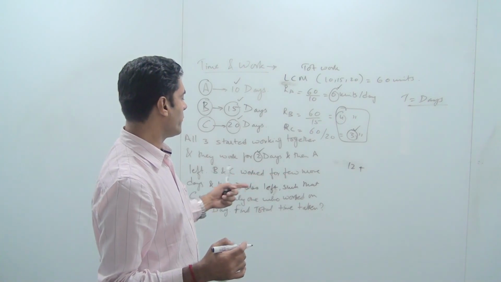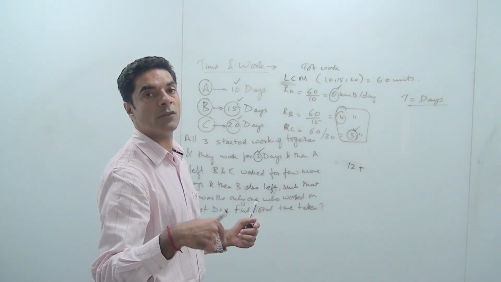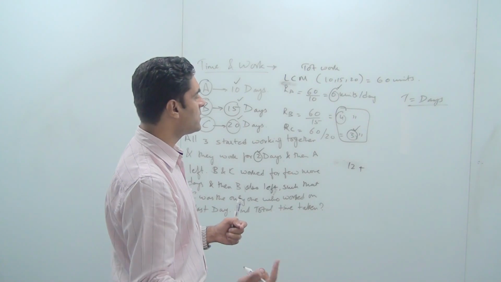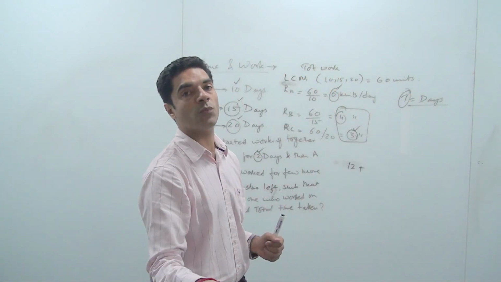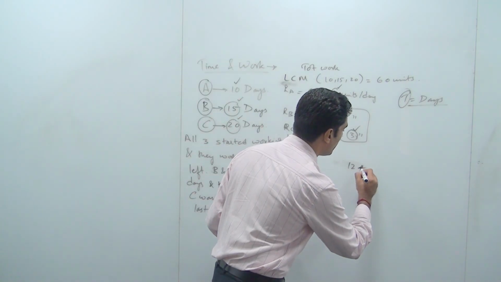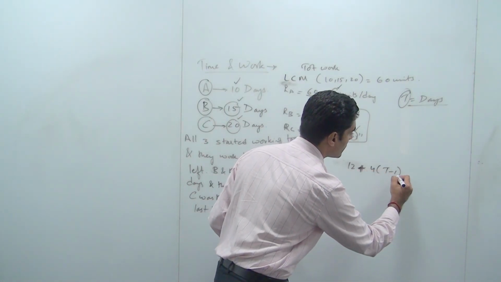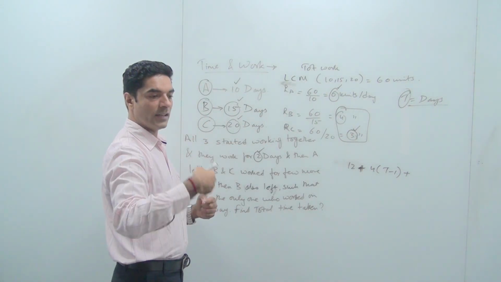B and C worked for a few more days and then B also left. So B has worked for all the days except the last day. That means if the total work got completed in T days, B has worked for T minus 1 days, and the rate of B is 4. So the contribution of B would be 4 into T minus 1. If I talk about C, he has worked from the first day till the last day.